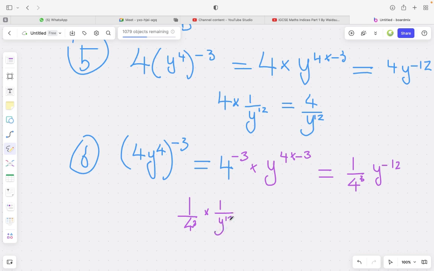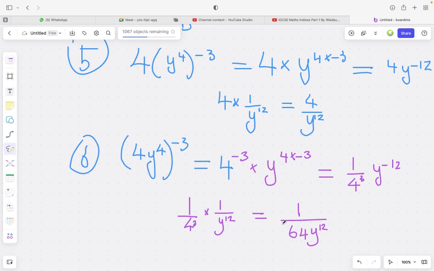So what we have in the numerator is 1 times 1, so 1 times 1 is 1. And then at the denominator, 4 to the power of 3, you have 64. So you can write this 64 here. So you say 64 y to the power of 12. So you have 1 all over 64 y to the power of 12.